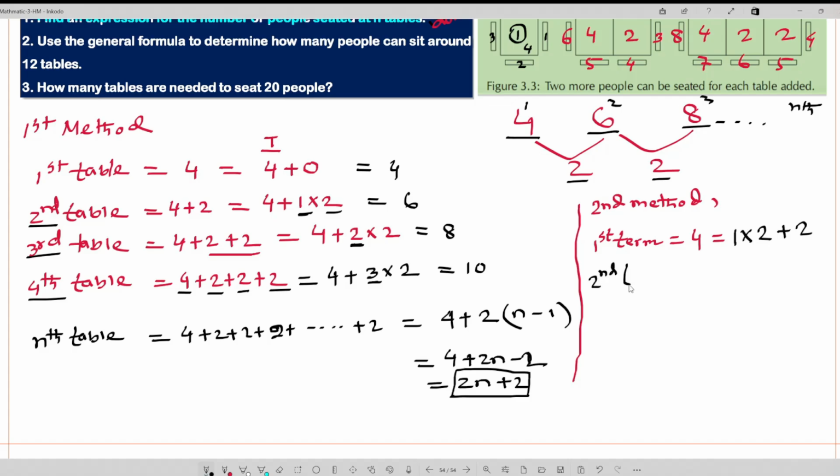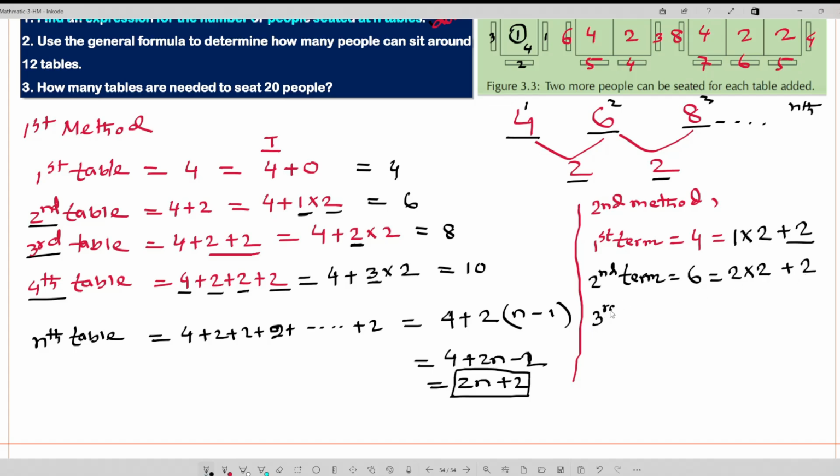Second term, it's 6. So how many terms? This one is the second term. What is the difference? The difference is 2. And for the first term we add 2, here also we add 2. Adding is the same thing. Now look, 2 times 2 is 4, 4 plus 2 is 6.